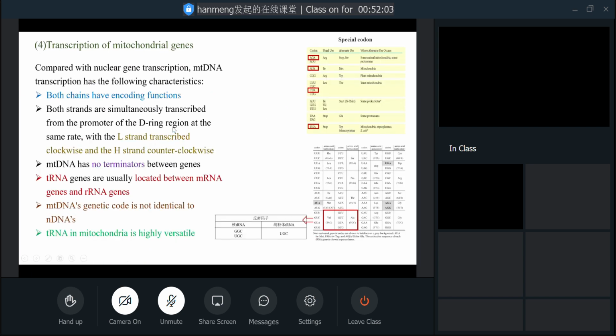But during the transcription, the L strand is clockwise and the heavy chain counterclockwise. And also the mitochondrial DNA has no terminators between genes. Another characteristic is that the tRNA genes are usually located between mRNA genes and the ribosomal RNA genes.